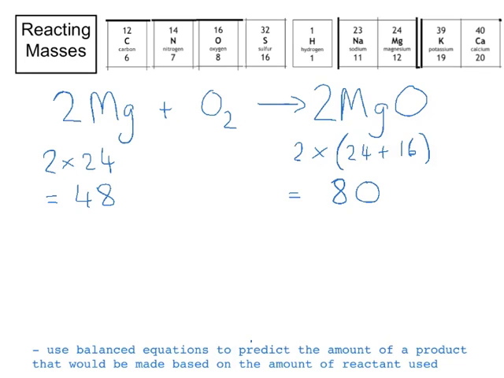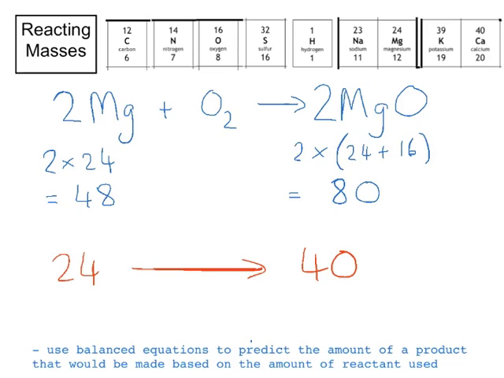What this tells us is that if I have 48 grams of magnesium, that will burn in a plentiful supply of oxygen to make 80 grams of magnesium oxide. So, using this, I can say that if I had 24 grams of magnesium, which is half 48, that would make 40 grams of magnesium oxide, because that is half.